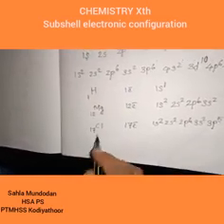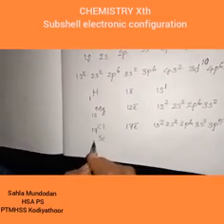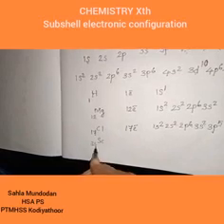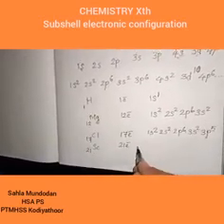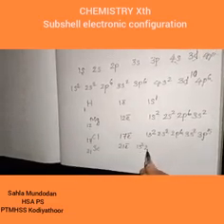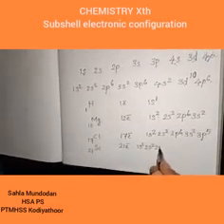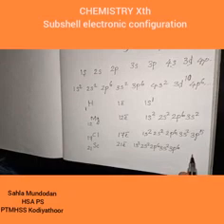Then another example, scandium 21. How many electrons? 21 electrons. Then we can write as 1s2, 2s2, 2p6, 3s2, 3p6. How many electrons? 18 electrons, remaining 3 electrons. Then next electron is filled in 3d or 4s.